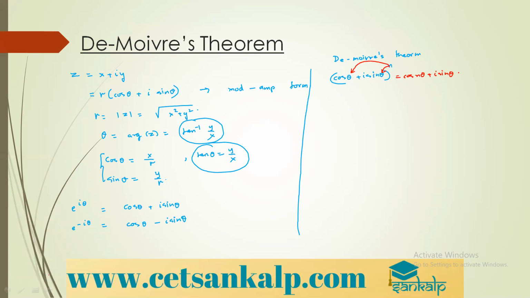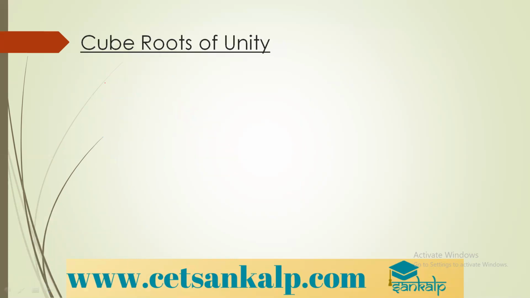The next is cube root of unity. When you find the cube root of 1, the cube root of unity, you will get three answers. First is 1. The second is minus 1 plus i root 3 by 2.